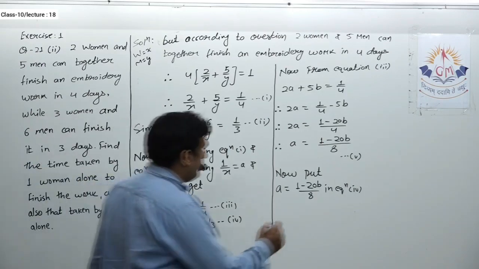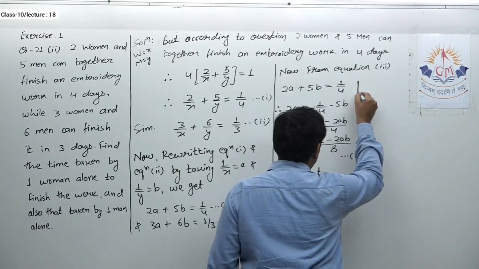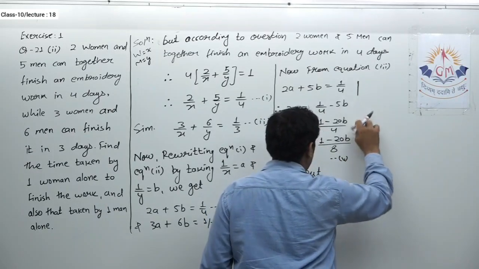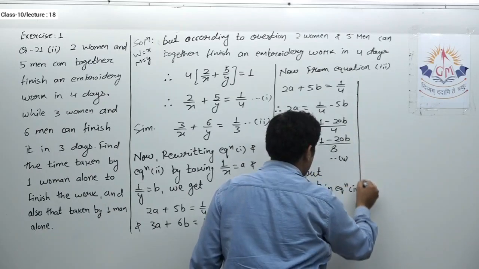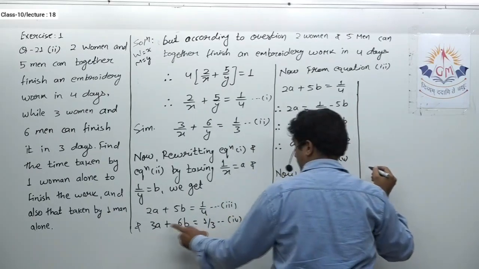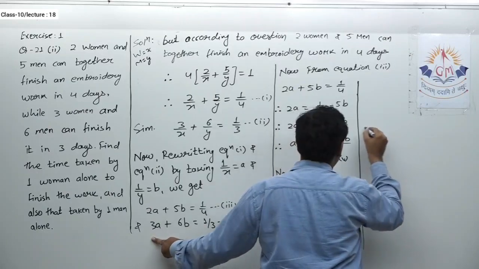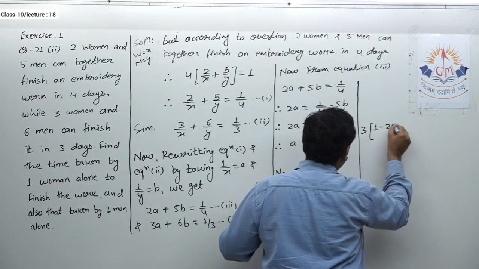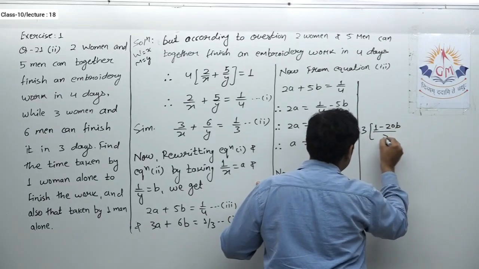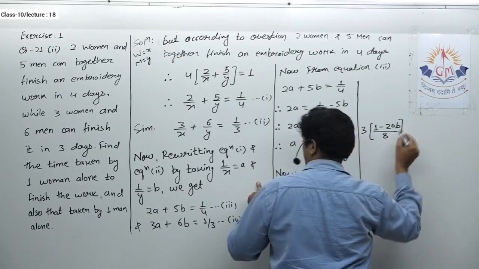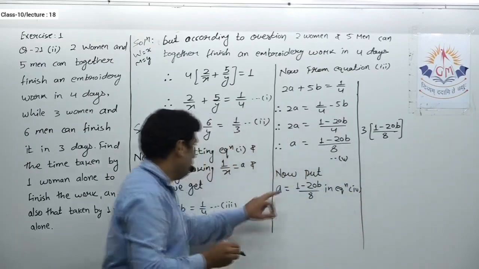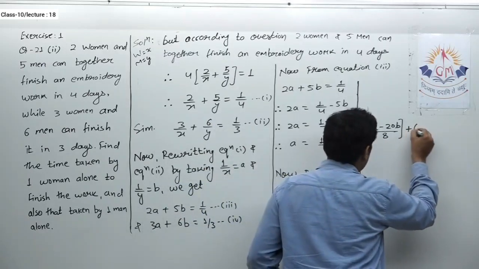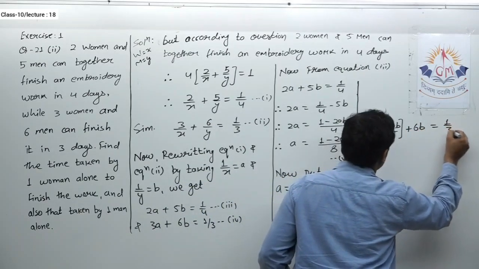Okay, let us see how to solve it further. I have to put this in equation number 4. Now instead of a, I write 1 minus 20b upon 8. 3 into 1 minus 20b upon 8 plus 6b is equal to 1 upon 3.